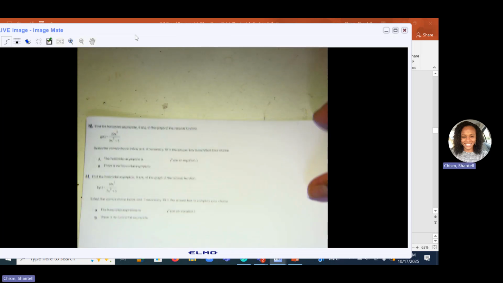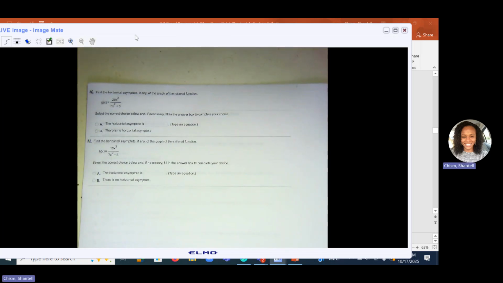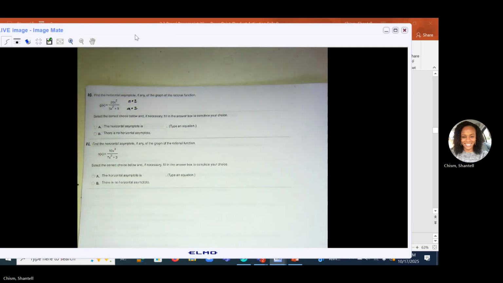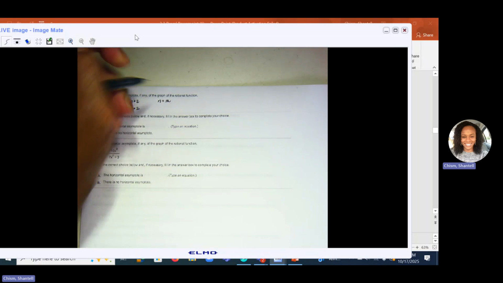Okay? Number 10, you've got the degree of the top is 2, and the degree of the bottom is also 2. So n equals m in this case.